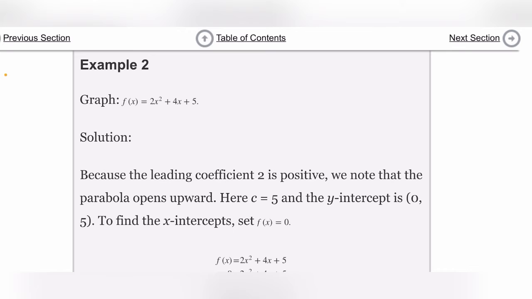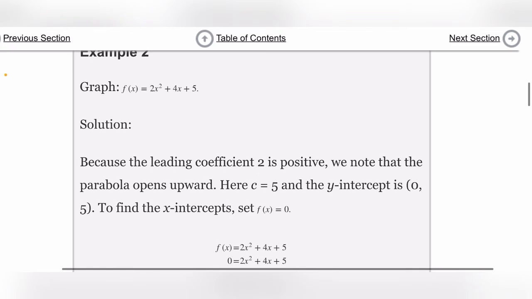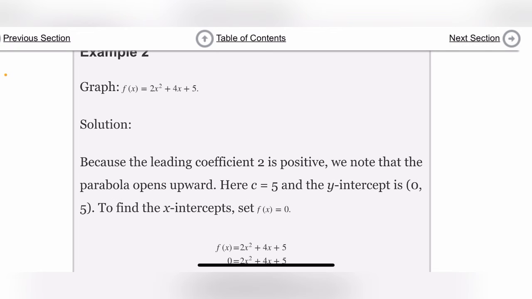Here c equals 5 and the y-intercept is (0, 5). We can find the y-intercept by looking at the constant term, when x equals 0. To find the x-intercepts, we set the whole equation equal to 0 and get a quadratic equation.